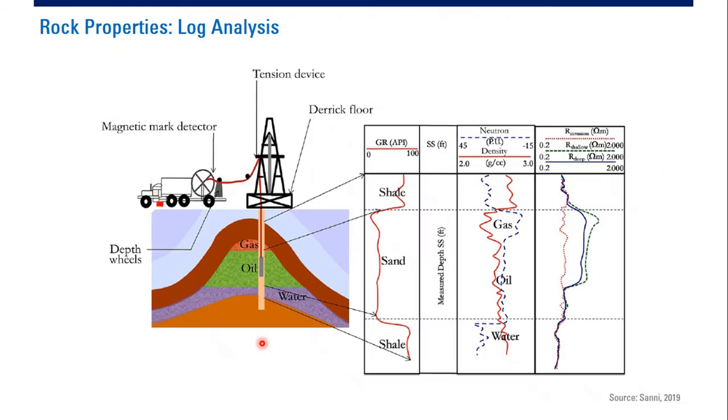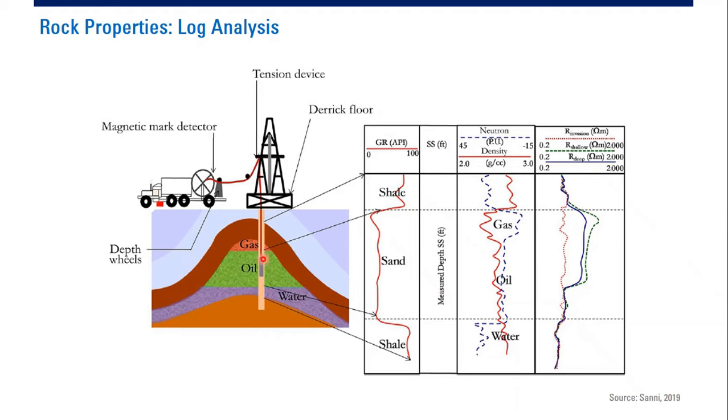Okay. And to know the properties of our reservoir, okay, we can do core analysis, but core analysis is very expensive. The more economical, the cheaper one is actually to do log analysis. Okay. And then we lower down tools, logging tools, it will go down and it will go up.